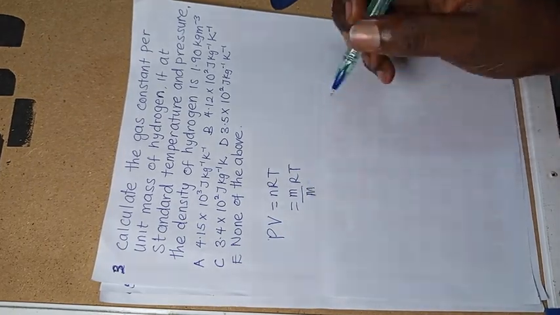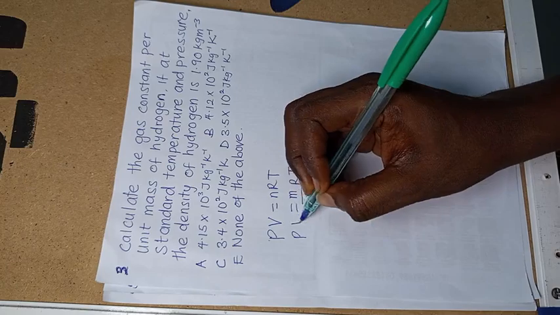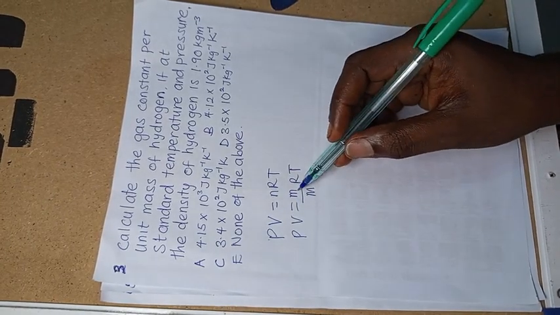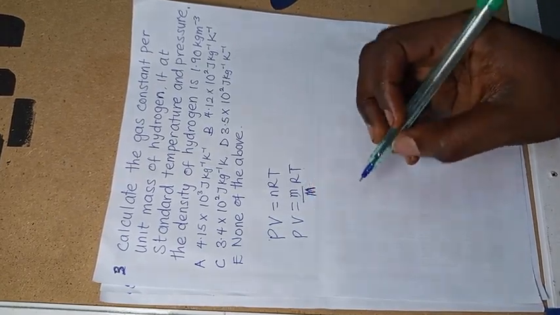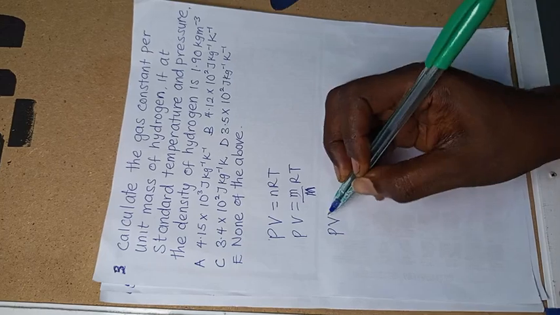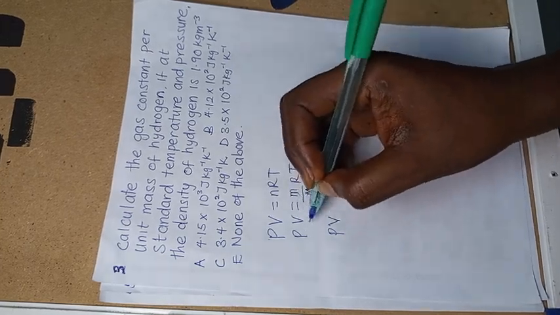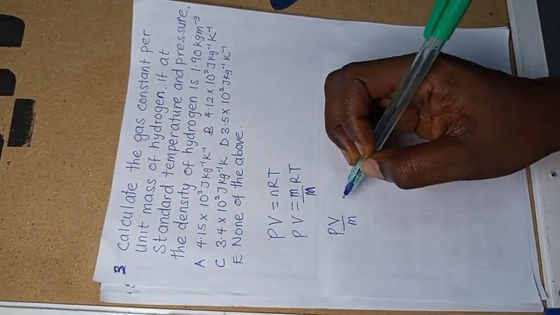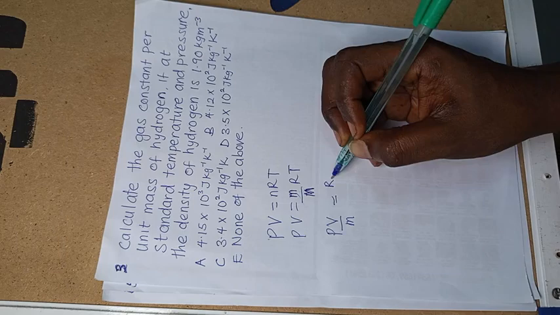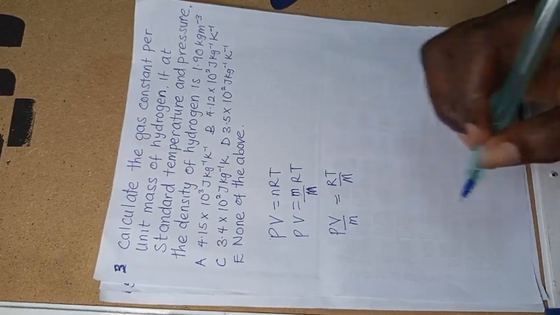Let us bring this mass under this one. So I want PV over mass, if mass that is at the numerator before now becomes the denominator, equal to RT over molar mass.